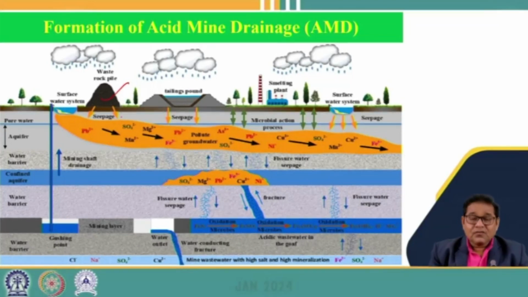And from these waste rock piles there are a lot of heavy metals and other contaminants. When rain happens, especially during the rainy season when precipitation occurs, this water infiltrates through these piles, and during its seepage through the waste pile, it is slightly acidic because of the rainwater.